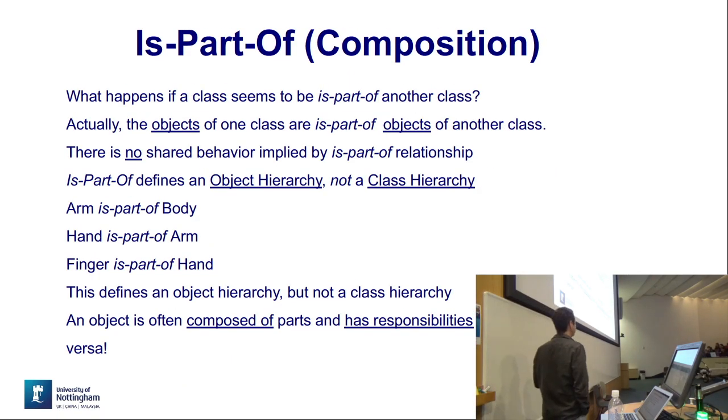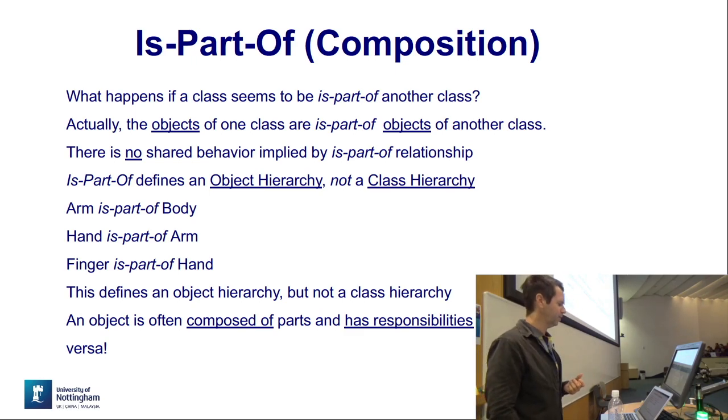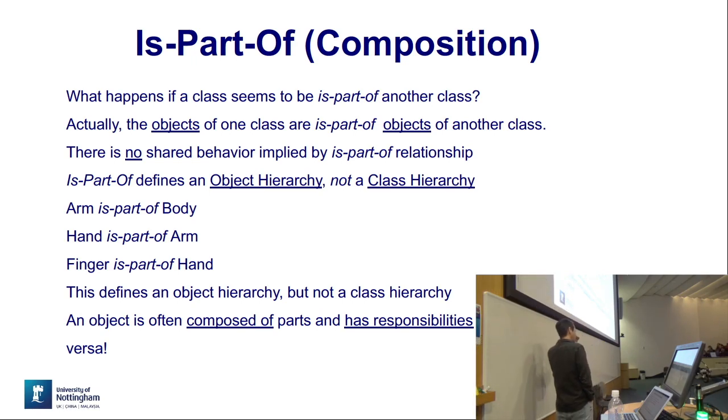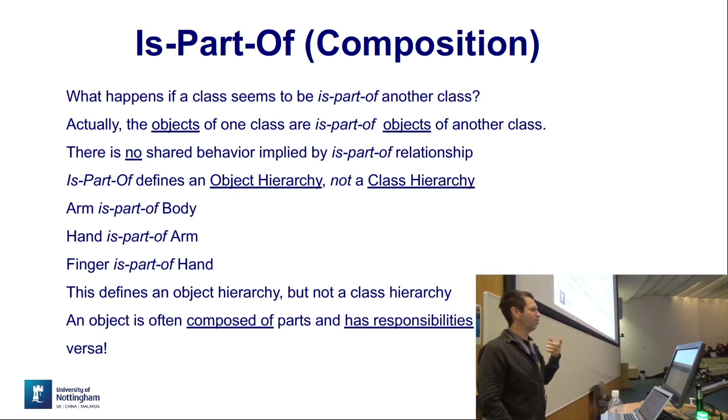So the other relationship is composition. Is part of, is composed of, or is part of. And I remember still at my last software development job having a discussion with another developer about organizing classes and their relationships. And I was trying to explain to him, actually what you want is an is-part-of relationship here, not is-kind-of.